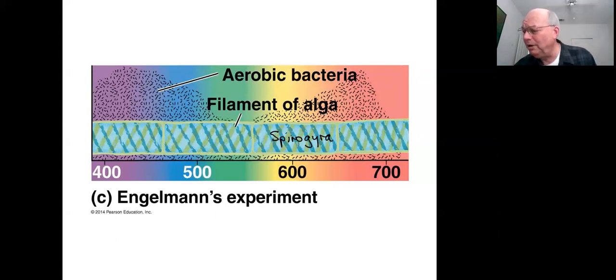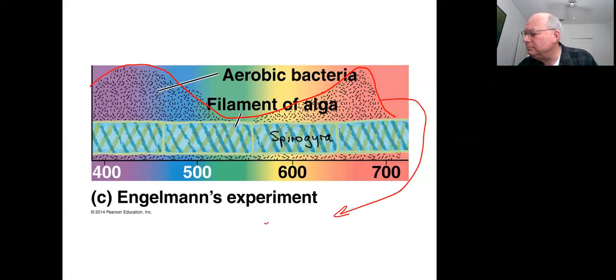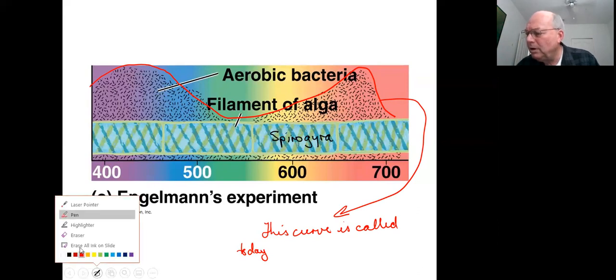And if we trace a curve around this accumulation as outlined here, what you get is a curve that we call today, actually, I'll write it.